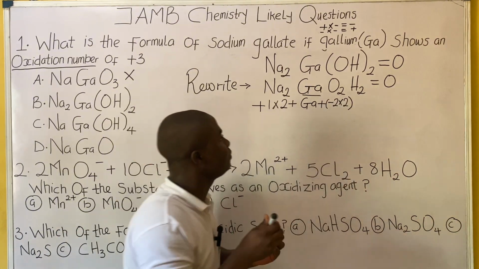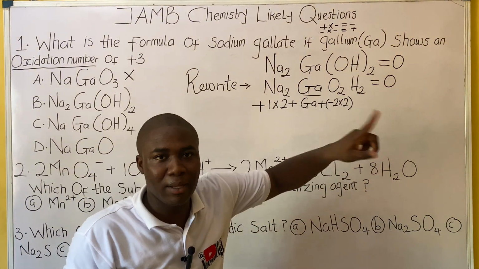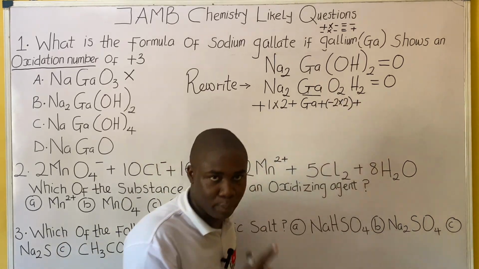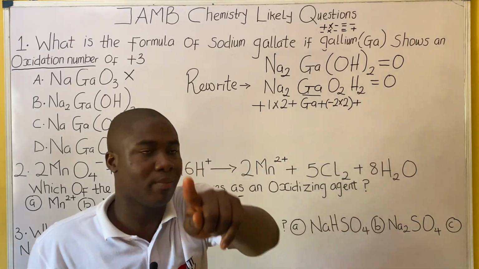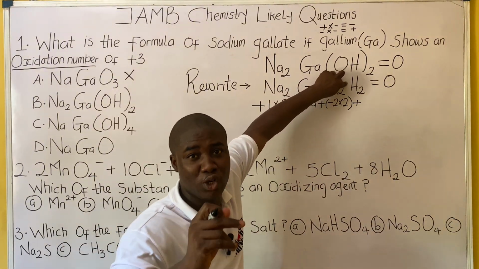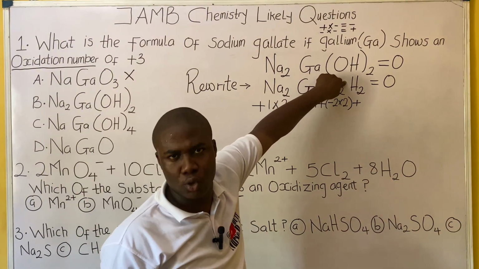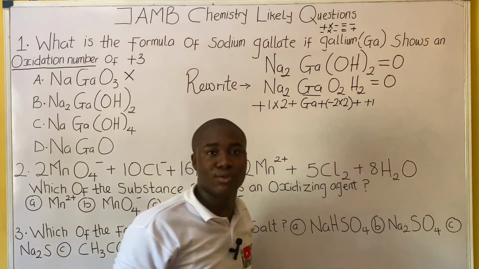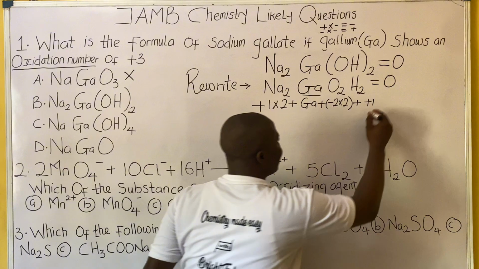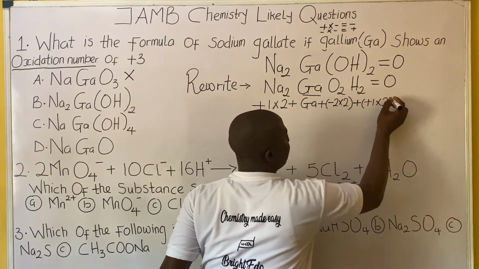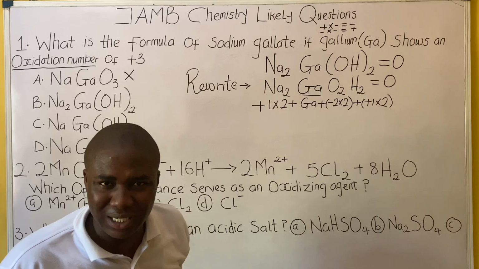Moving further to the next element, which is hydrogen, we simply write plus. And now, what's the oxidation number of hydrogen? I told you initially that in most compounds the oxidation number of hydrogen is plus 1. So it's still plus 1. And how many hydrogen do we have? We have 2 of it. So plus 1 times 2. Since I'm having 2 signs here, I put it in the bracket so you don't get confused. Do you understand what I'm doing?